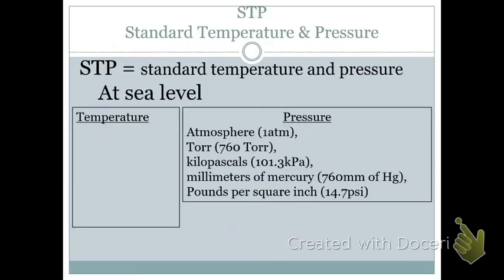All right, so let's talk about standard temperature and pressure. Well, we know our pressure standards already. We said with pressure standards, the atmosphere is 1 atmosphere. We said it's 760 torr. It's 101.3 kilopascals. It's 760 millimeters of mercury. It is 14.7 pounds per square inch. And I even told you about the 29.92 inches of mercury, which you may see on occasion.